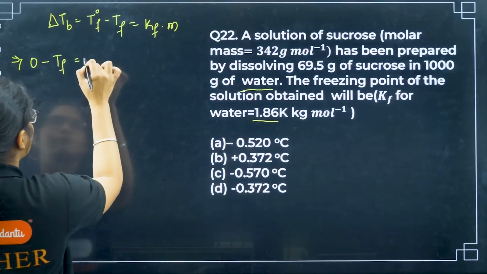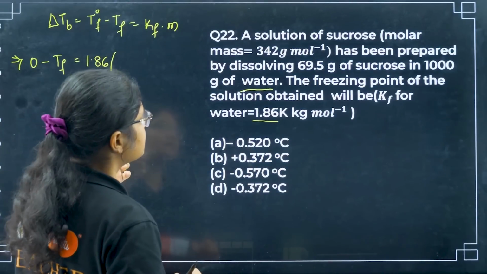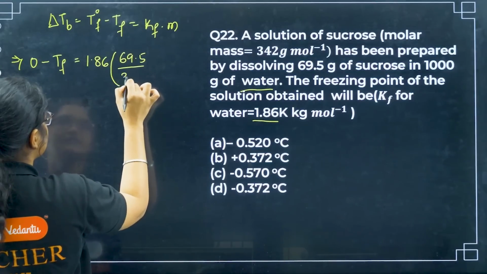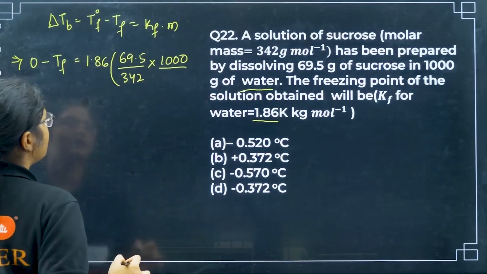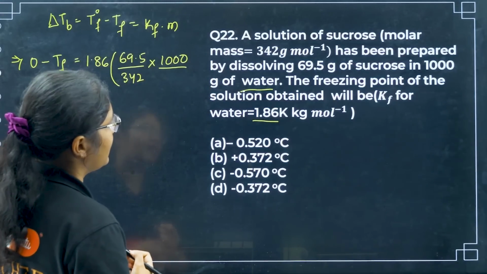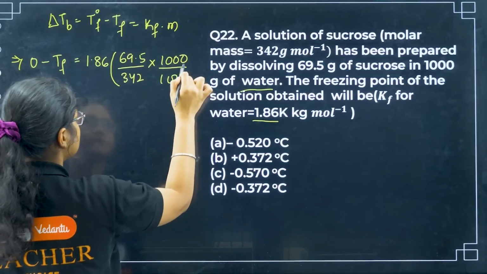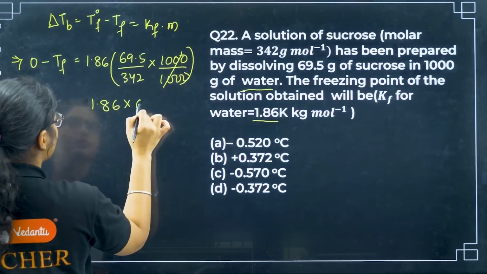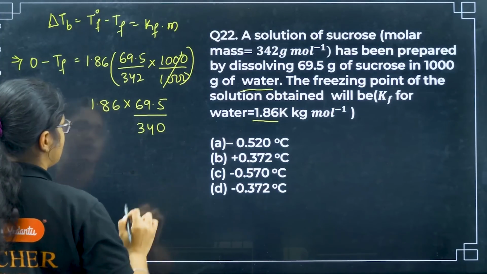Kf value is 1.86. Now m value, what is the given mass? 69.5, molar mass 342, into 1000, divided by 1000 gram of water only. So this part is cancelled. So I have 1.86 into 69.5 divided by 340.